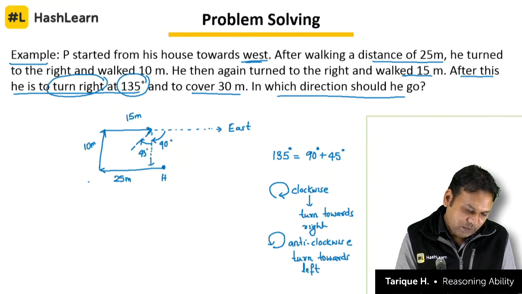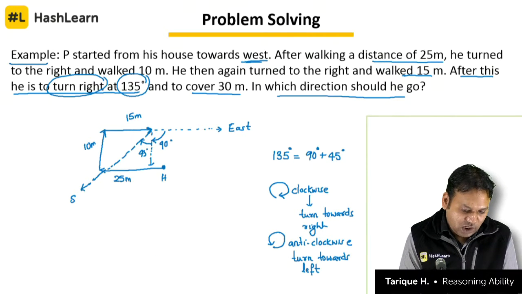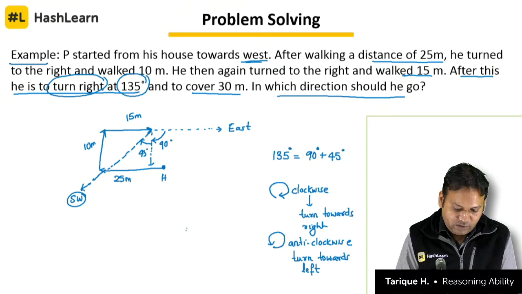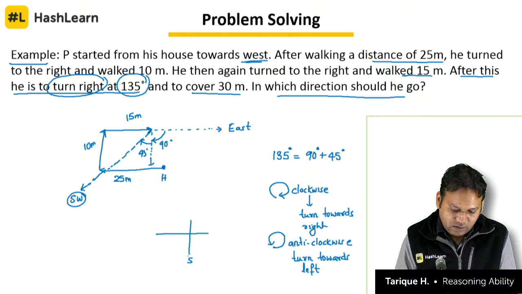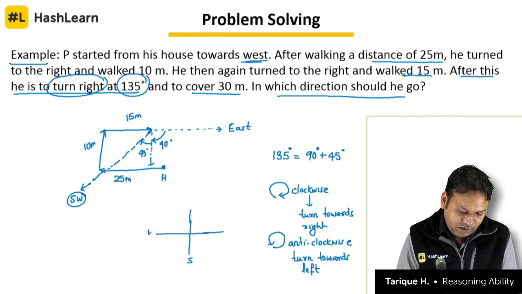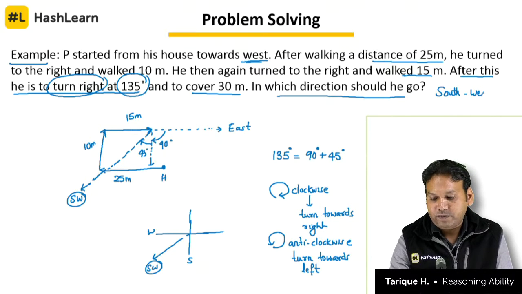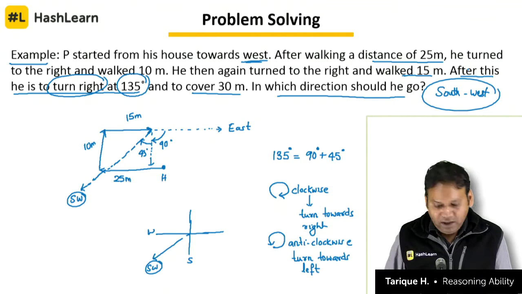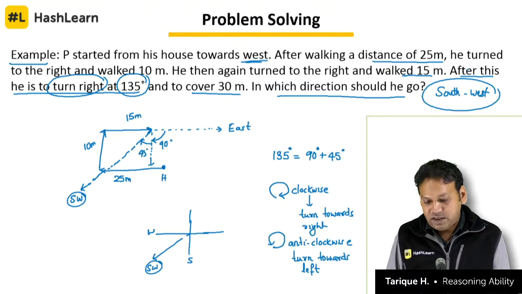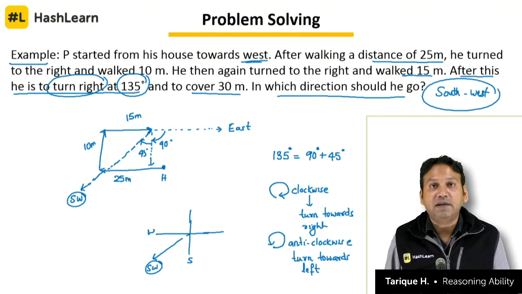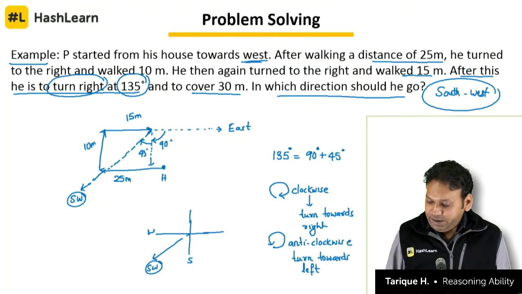In which direction is he going? He is going in this direction. If you see, this is called the southwest direction, as we have south and west, and this direction is southwest. So he should go in the southwest direction. That's how you solve this question. That's our example question from direction sense.